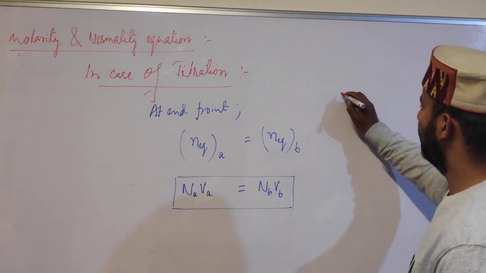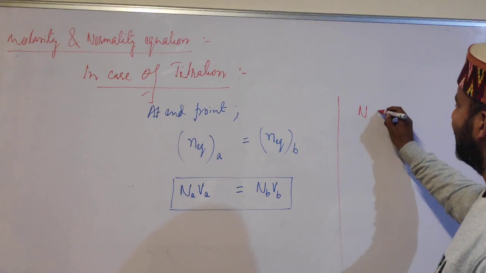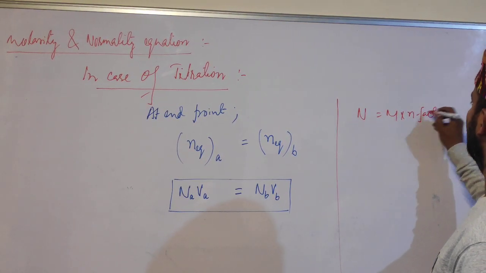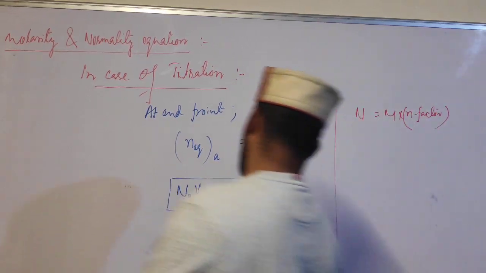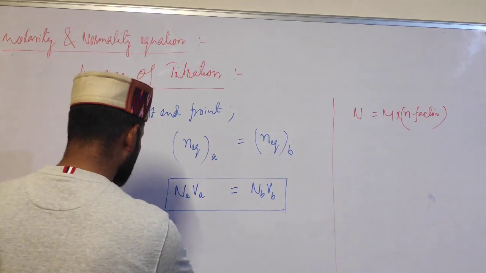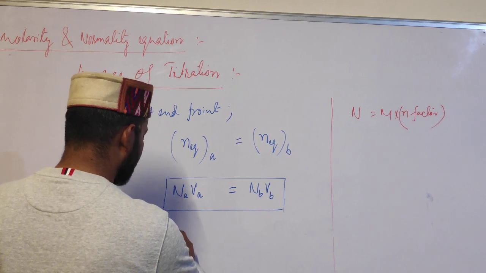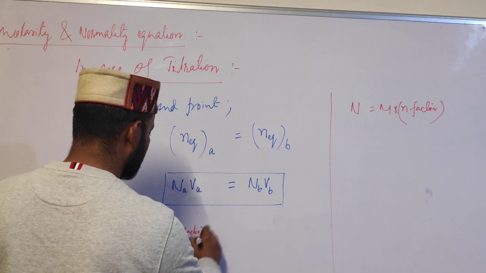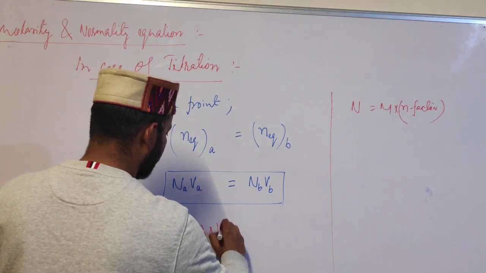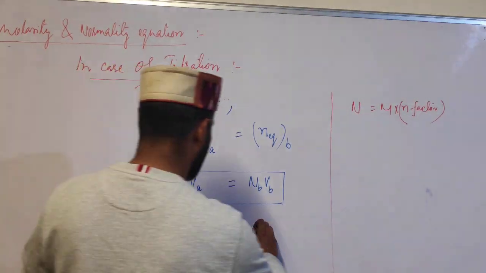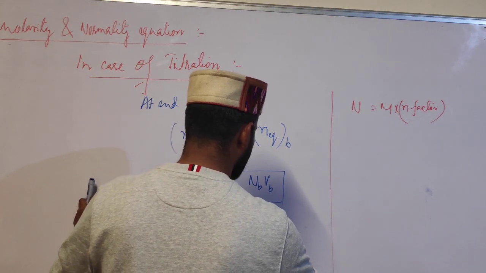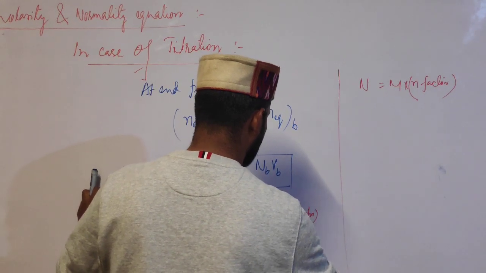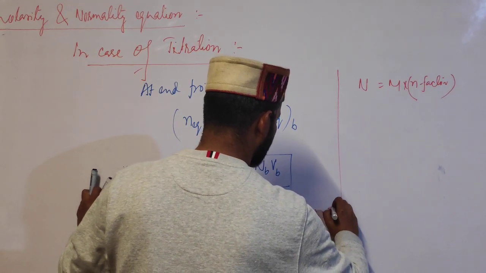Students, we know that normality is molarity into valency factor, that is the n factor. So the normality of acid will be equal to molarity of acid into valency factor of acid into volume of acid. And here also we will have molarity of base into n factor of base into volume of base.